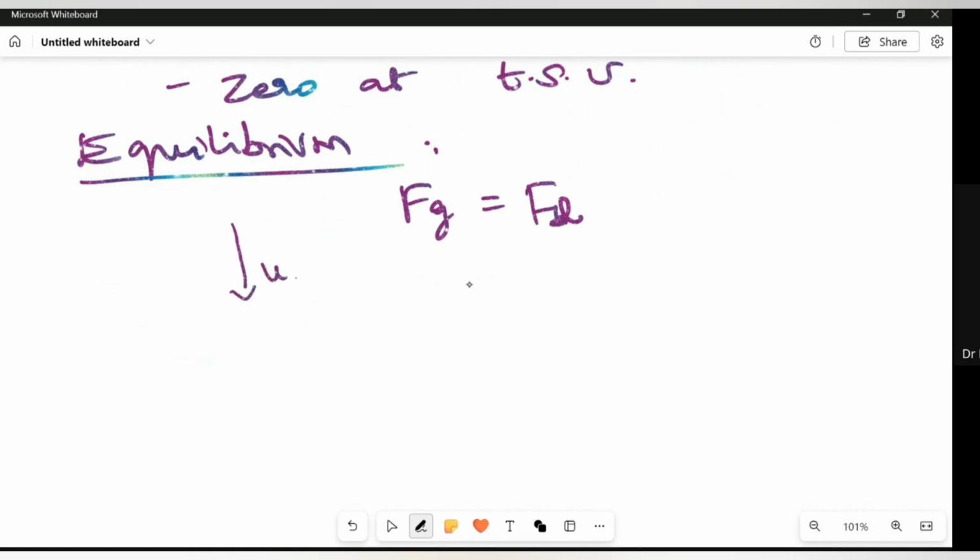Hereafter only you are going to have terminal settling velocity. That means it is going to settle down with a constant velocity. So at this equilibrium condition, we get a constant velocity, and this is termed as terminal settling velocity.